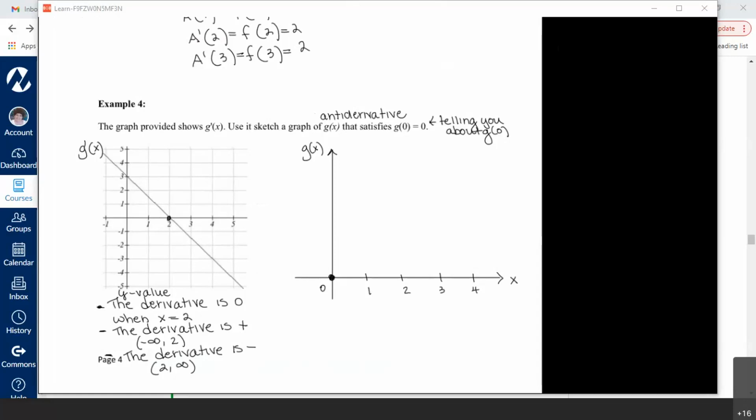If you start with a function over here, which we don't know yet, we're trying to build it. But if I had this function and I wanted to differentiate it, basically anywhere the derivative is 0, like it is here at 2, means I have an extreme value there.